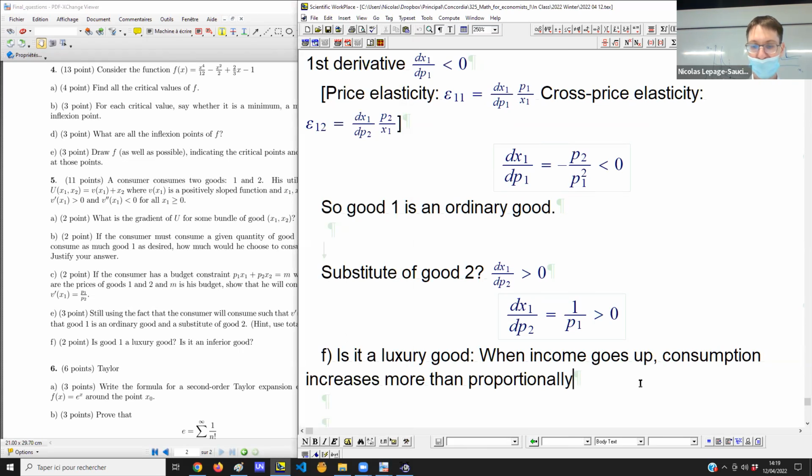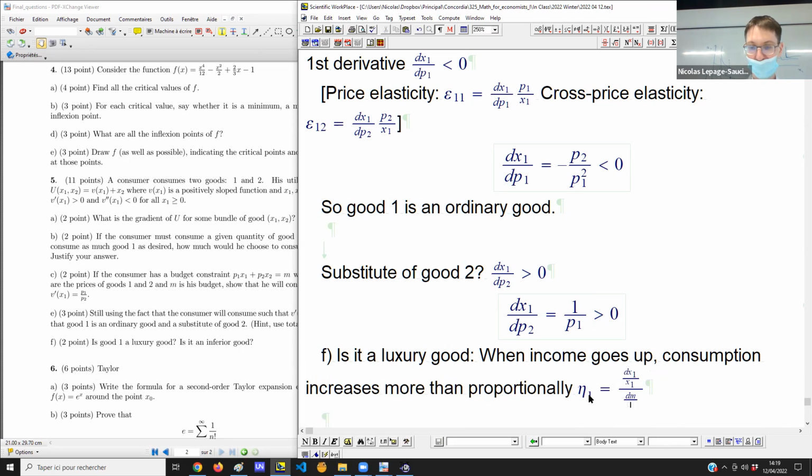So it means the elasticity. Usually I use eta. Eta 1 is dx1 over dm times m over x1. Oh yeah, we can see it. So it's dx1 over x1 divided by dm over m is greater than 1. So that's what it means to grow more than proportionally.